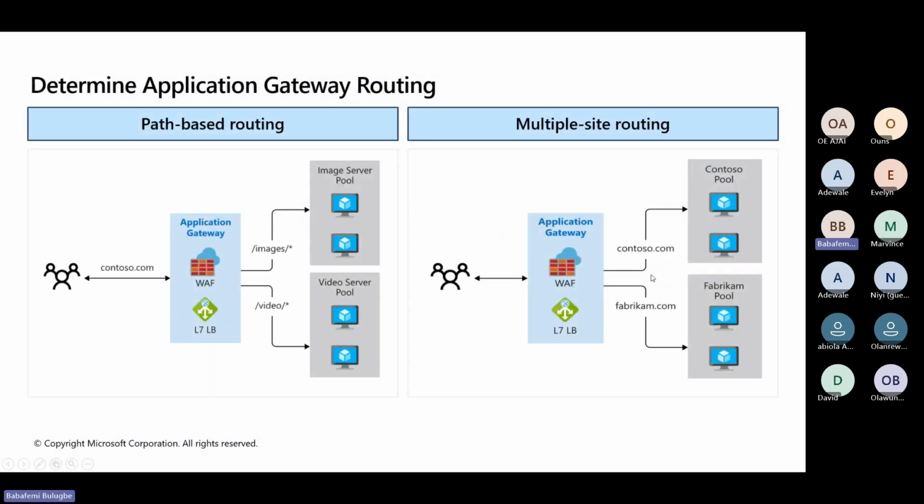Let's say this user is accessing from Nigeria. This one is accessing from the UK. This one is from Ghana, so this pool is for people accessing from Ghana. This pool is for people accessing from the UK. This pool is for people accessing from Nigeria. Once they come in, depending on the rule that we have here, they get redirected to the URL based on that rule. Abiola, go ahead.